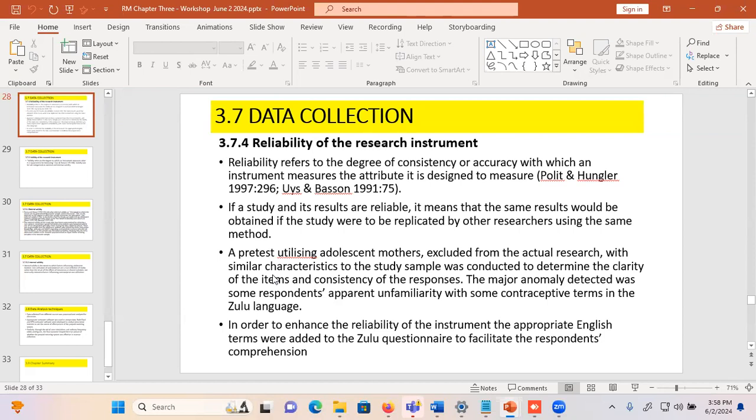The reliability refers to the degree of consistency and accuracy with which an instrument measures the attribute it is designed to measure, right? We develop an application, measure it, distribute it, collect information and come to a conclusion, a result. If after two more months we give the same questionnaire to the same kind of students, the two answers should be similar. So then we say it is reliable, right?